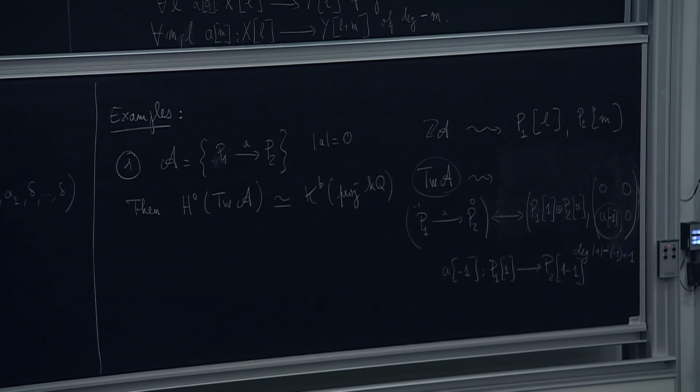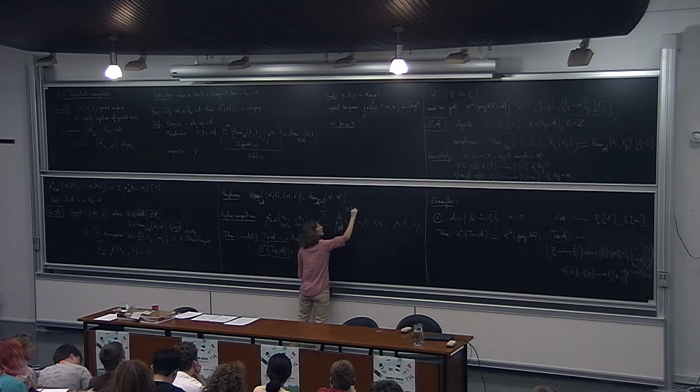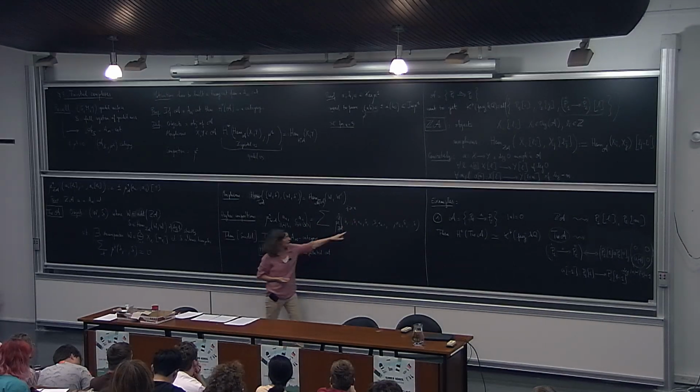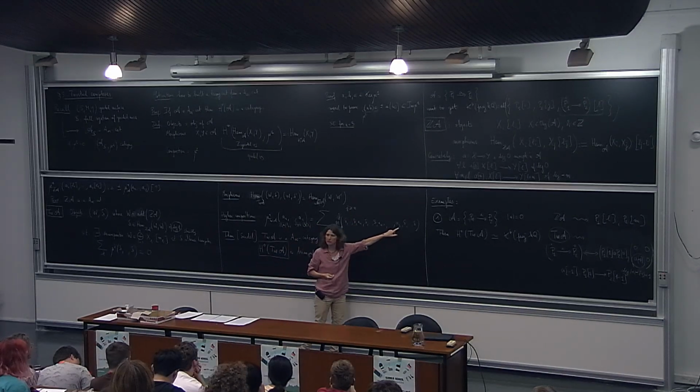In this formula, you can see that for n bigger than 3, the power j has to be at least n, because I have at least these n entries.